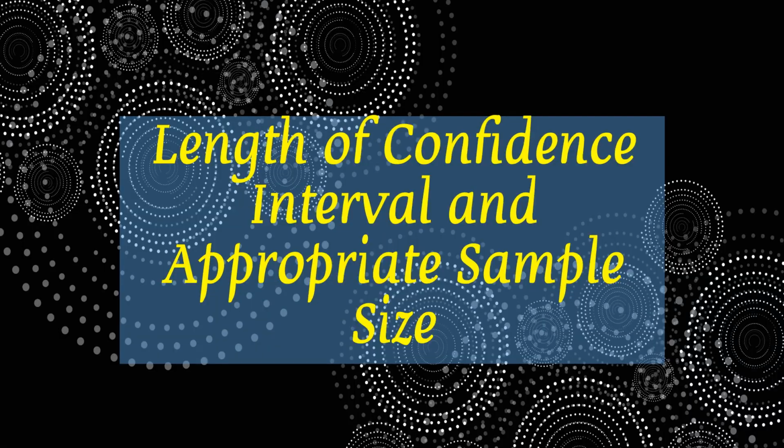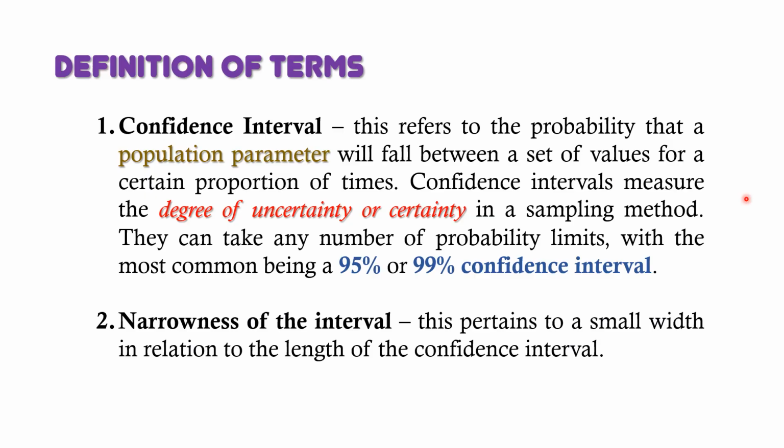Okay, next. Now let's talk about the length of confidence interval and appropriate sample size. Let's first define the following terminologies. Confidence interval only refers to the probability that a population parameter, which is just a descriptive measure that will estimate the value of some statistical measure of a population like population mean, population standard deviation, and population variance, will fall between a set of values for a certain proportion of time.